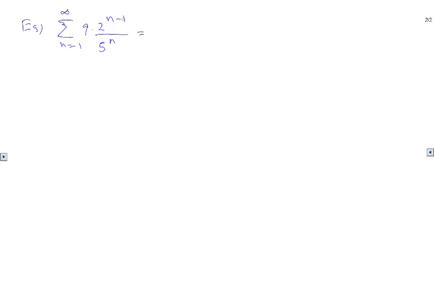We need a common index. You can see that there's a 2 to the negative 1, and 2 to the negative 1 is 1/2. So we can write this as sigma, n going from 1 to infinity, of 9/2 times (2/5) to the n, with the common index n. The goal is to write it with a common index.